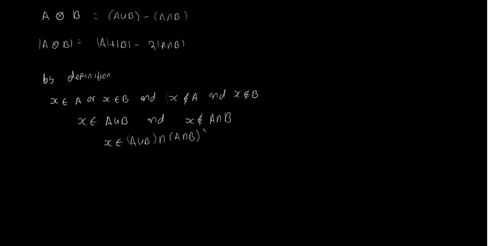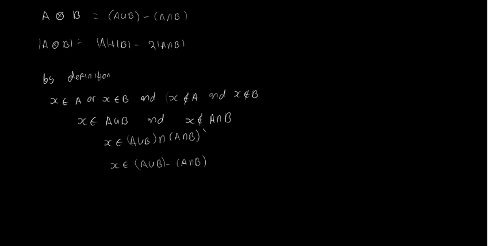So it's not a member of this, which we can then say by De Morgan's law: x is a member of A union B minus A intersection B, which is what we have over here. So we define what the symmetric difference is, and from that we break it down logically until we get to this point.